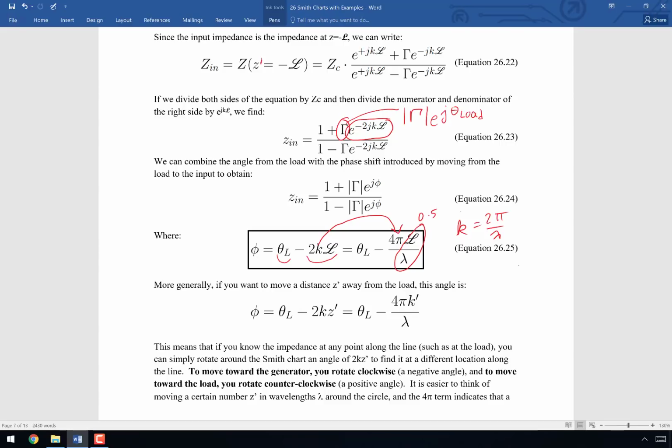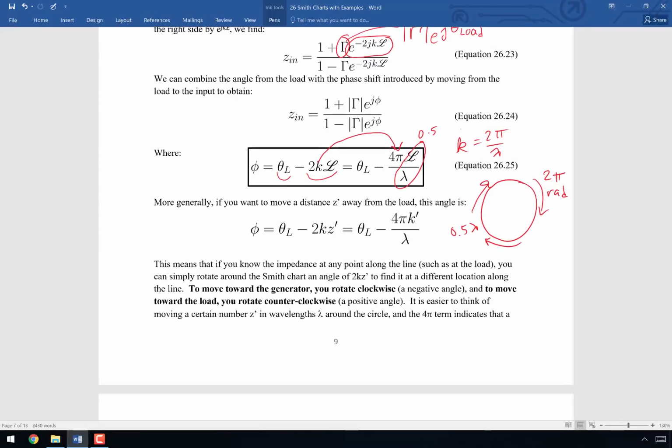So what this equation has just proven to us is what we saw earlier, which is that we want 1 revolution to correspond to 2 pi radians, but we also want it to correspond to 0.5 lambda. And this 4 pi in equation 26.25 is why 2 pi radians corresponds to 1/2 lambda. Because if L over lambda equals 1/2, then 4 pi times 1/2 becomes 2 pi. And then we've done 1 complete revolution around the circle.